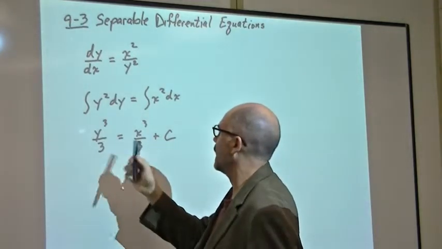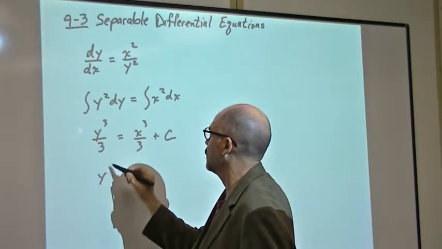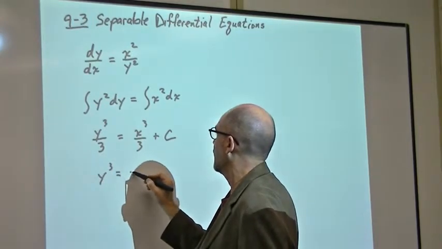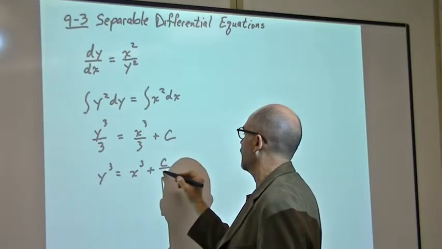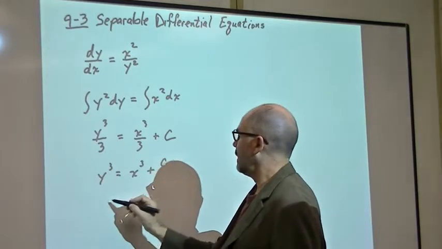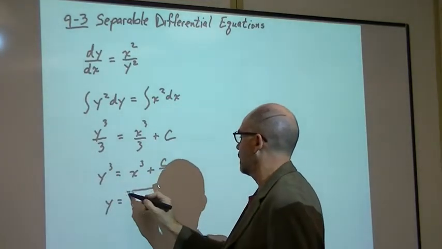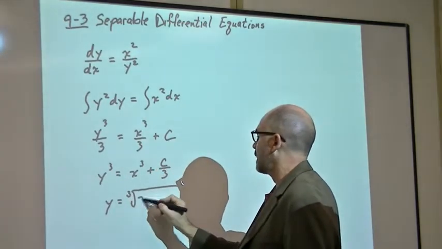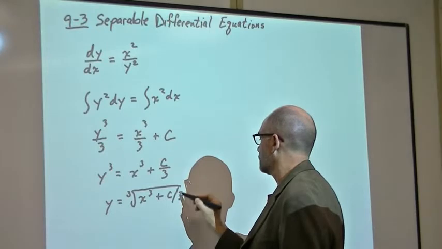I multiply both sides by 3. So y cubed equals x cubed plus 3c, which is just another constant. And then we say y equals the cube root of x cubed plus 3c.